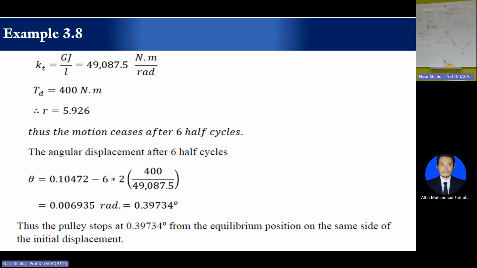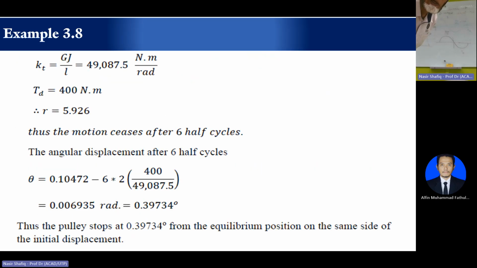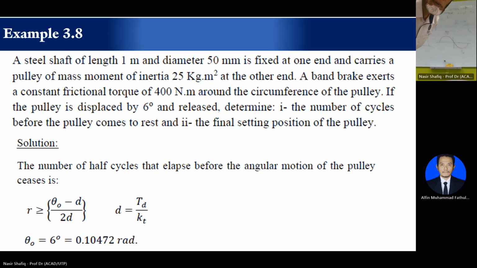They did not declare it. I think some data is missing. I will check this and let you know. The length L is the shaft length, 1 meter.